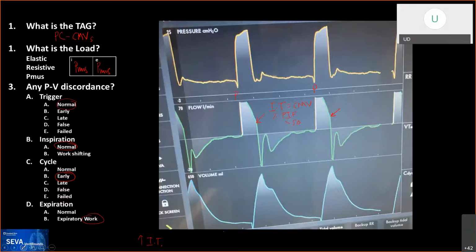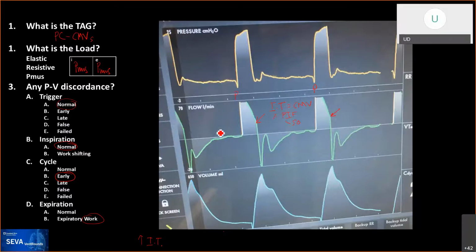So you're saying that you could cycle early on CMV if my flow trigger, that's the percentage of flow, was put in incorrectly. Your cycle threshold, which would be the percent of the peak inspiratory flow. Okay. Yeah.